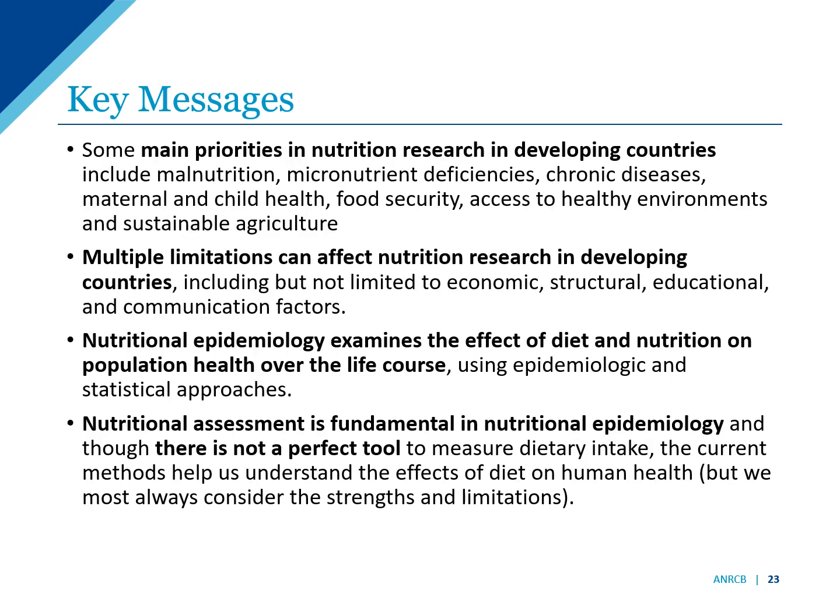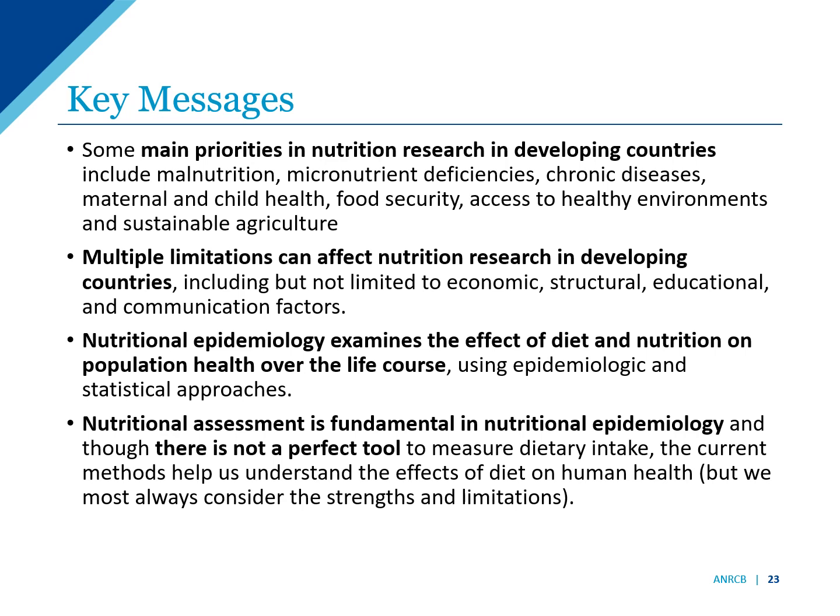Also, just remember that there are multiple priorities in nutrition research, but particularly for Laos, let's keep studying malnutrition, micronutrient deficiencies, the rise in chronic diseases, maternal and childhood health, food security, access to healthy environments, and sustainable agriculture to improve the population's health.